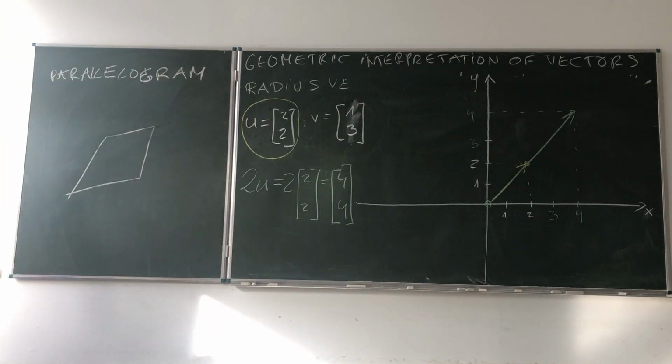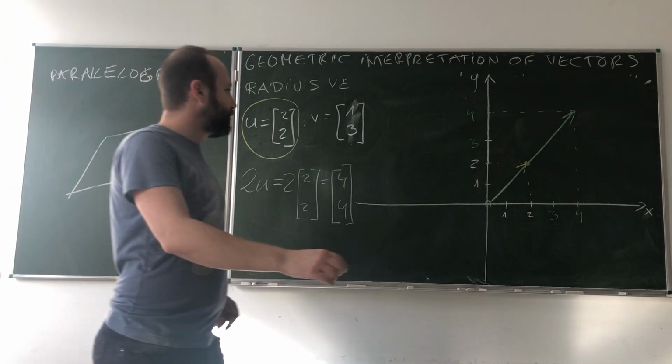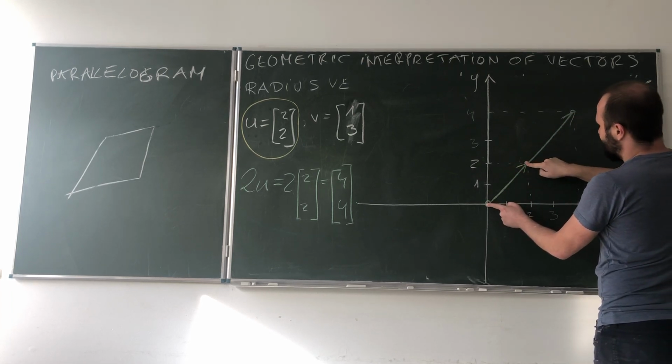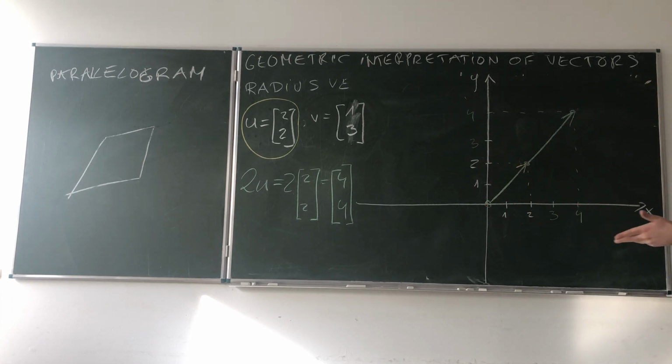Of course, if my drawing would be better, you would actually see that those two distances are identical. So what has happened? When I multiplied by 2, I actually created a vector twice as long.